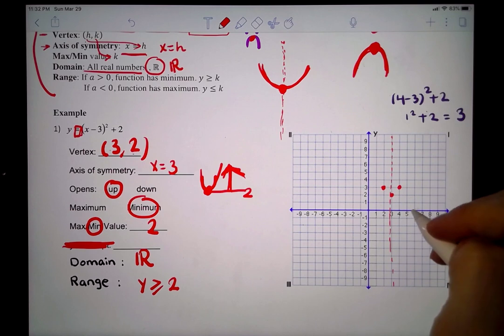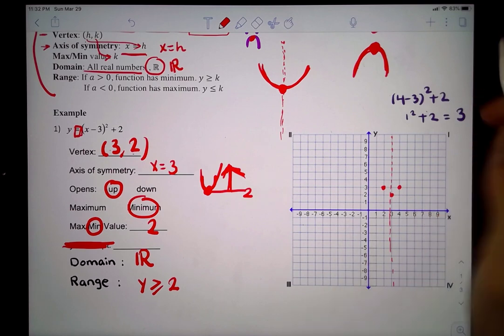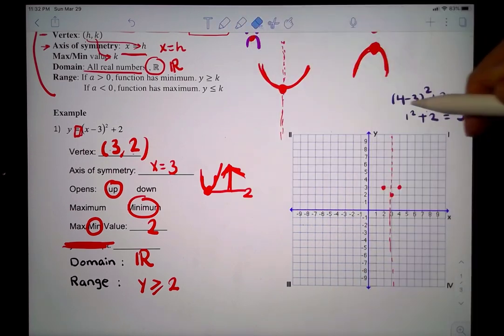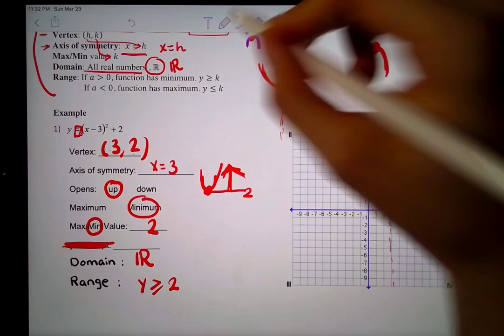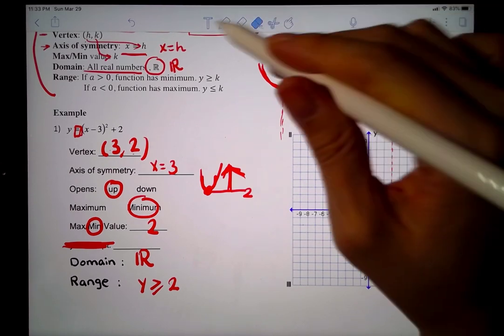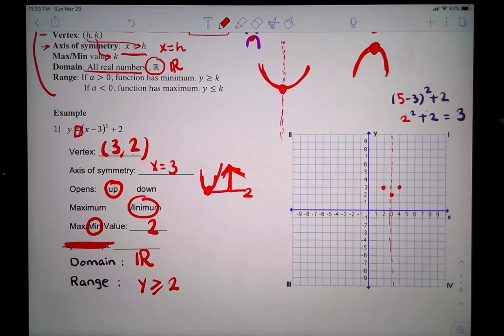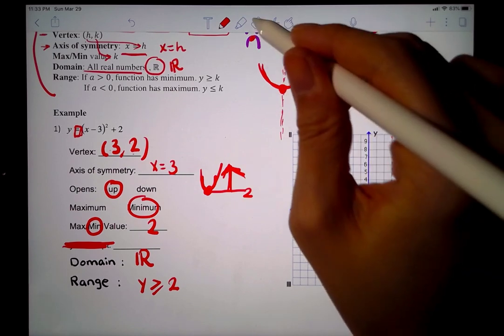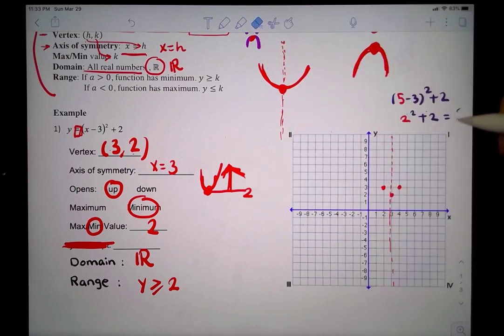And then when x is 5, let's put 5. Then let's change this one to 5. Then 5 minus 3, you get 2, right? So put 2 here. Then that's 2 squared, 4. 4 plus 2, 6, right?